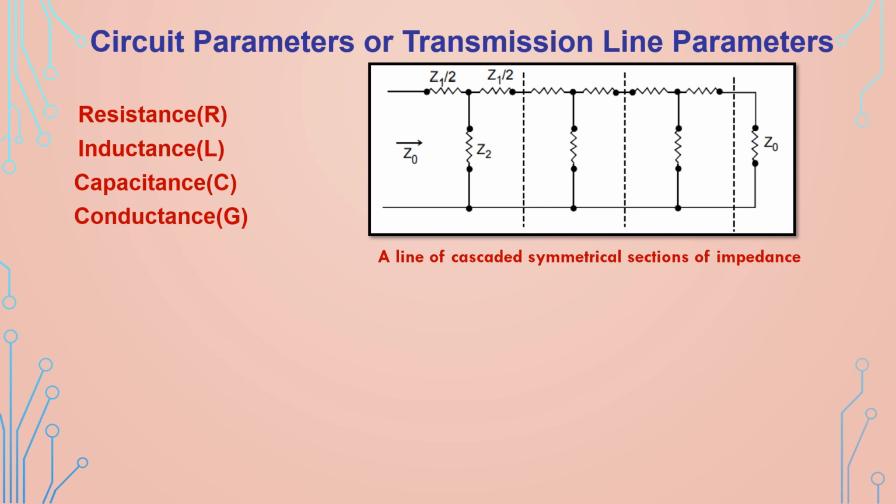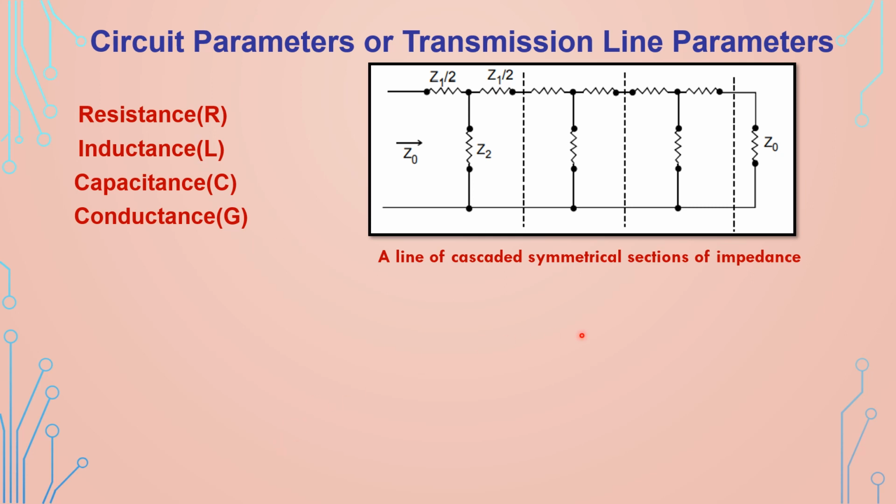That is, any current conducting carrier will have energy stored in magnetic field accounted by inductance. A pair of wires separated by a small distance will give rise to capacitance effect. And if I have a pair of wires separated by means of a dielectric, and if the dielectric is not perfect, then there will be a small amount of leakage current that is accounted by the conductance G.